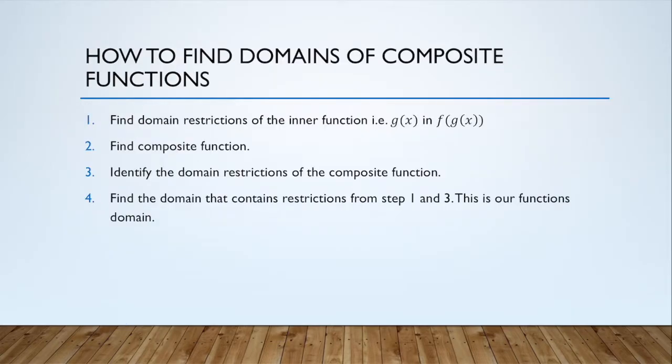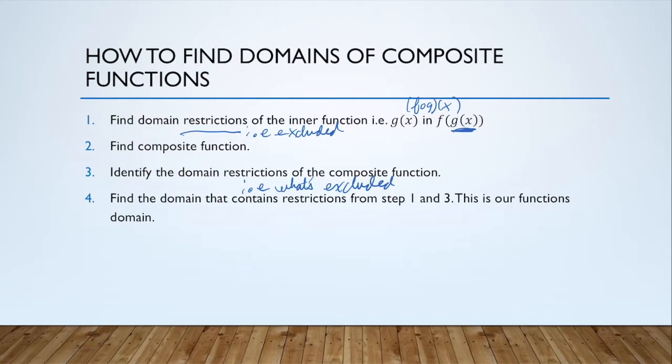Okay, first off, to find the domain of composite functions, you find the domain restrictions, i.e. what's excluded, from the domain of the inner function, i.e. what you're substituting in. If you're doing f composed with g of x, the inner function is g of x. Next, you're going to find the composite function. Then you're going to identify restrictions, i.e. what's excluded, from the composite function.